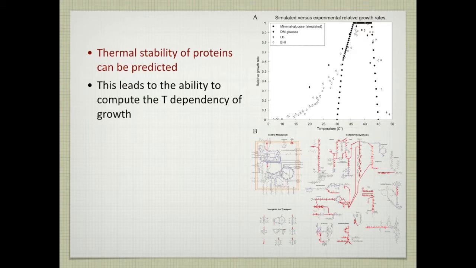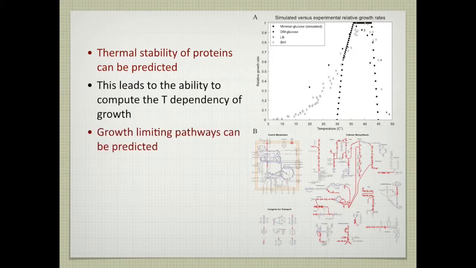And you see around the optimal growth rate of E. coli, which is body temperature, 37 degrees, the computed curve and the data matches very well. Now the computed curve will have a more restricted temperature range because you can't predict the thermal sensitivity over a wide range. So it's more restricted, as you can see, especially on the lower end of the range there.